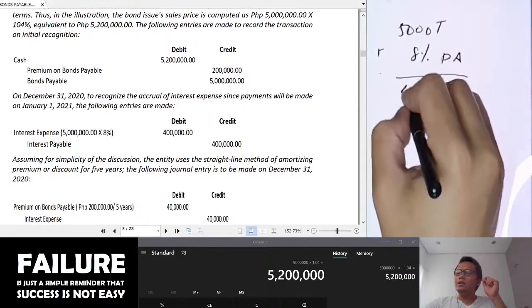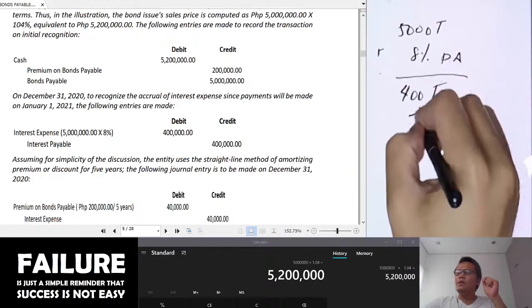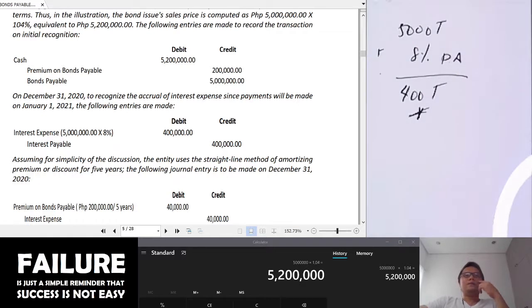So basically, that would be 400,000. Okay? So, the entry for that is the typical entry if we are to accrue interest. So, debit interest expense at 400, then credit interest payable at 400,000.